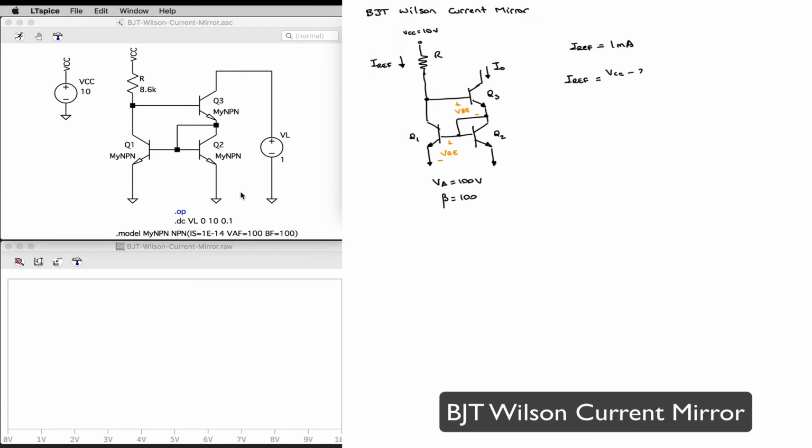So VCC minus 2 VBE is the voltage drop across resistor R, divided by R. And my R is then VCC minus 2 VBE divided by Iref, or 10 minus 1.4 divided by 1 milliamp, or 8.6 kilohms.